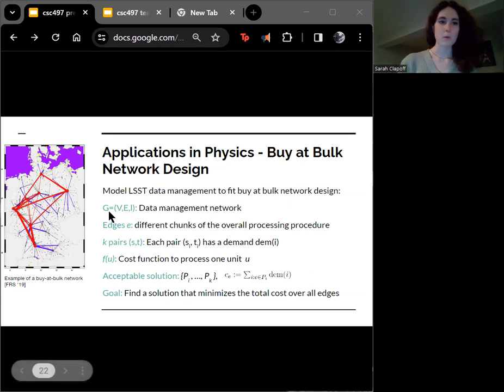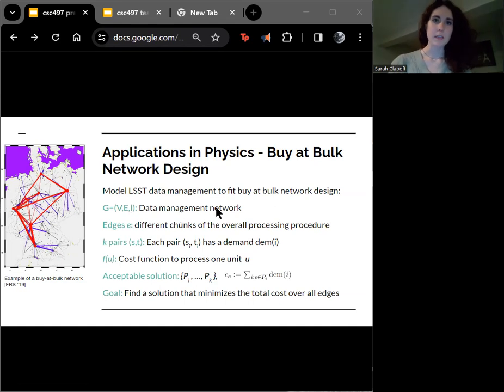Note also in our model G, we also have L, which is just the length of each edge, so how long it will take to move between different processing steps. We also have k pairs, s_i t_i, which is a sender and a receiver, and each pair has a certain amount of data that they need processed. We're going to call this the demand, and we can note it as dem of i.